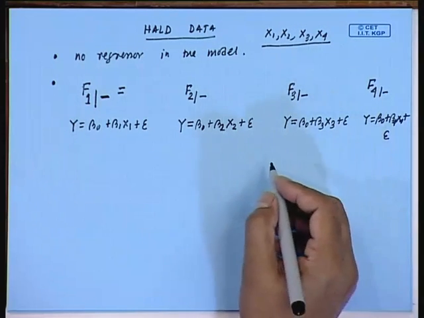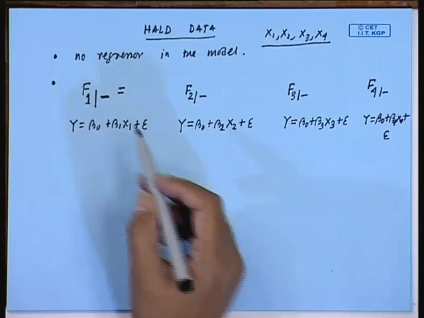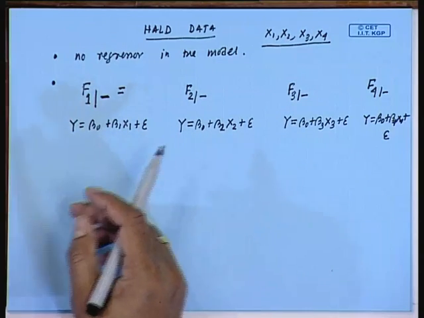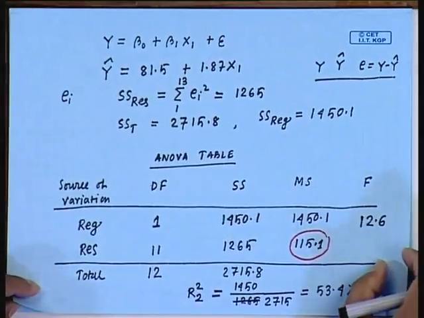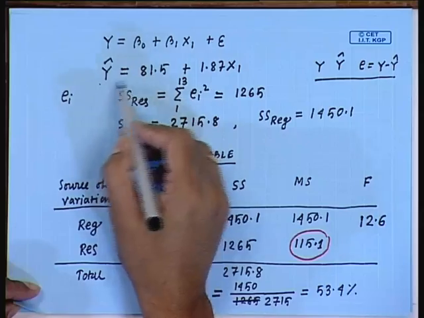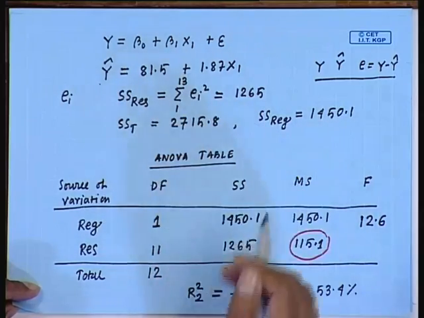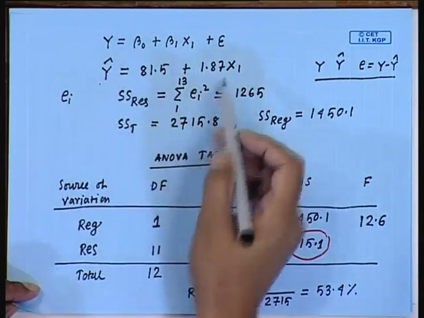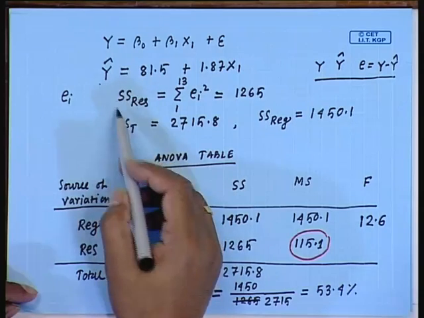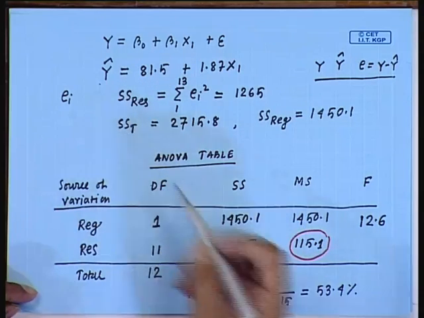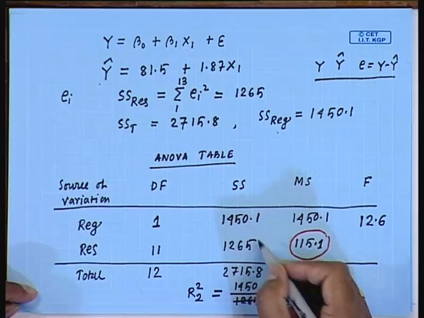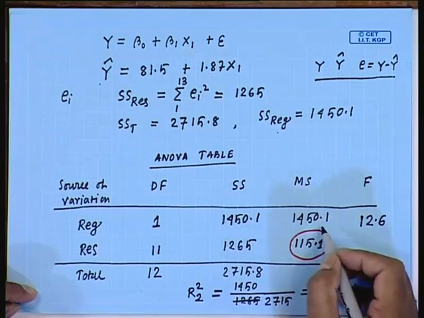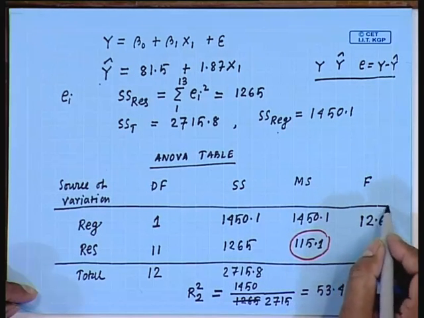So, how to get this value? You have the ANOVA table for this model. This is the fitted equation for the Hald cement data. Once you have the fitted values, you compute the SS residual, the SST, and the SS regression value, and then you have the F statistic.